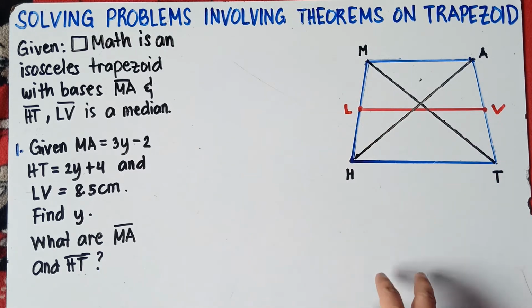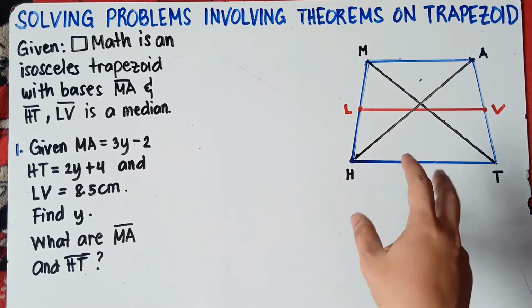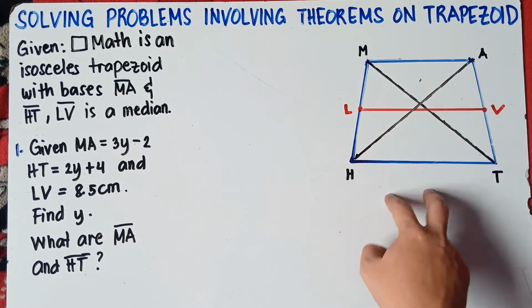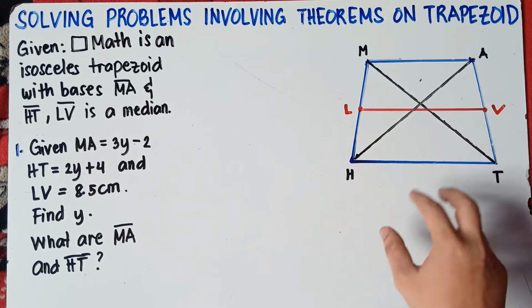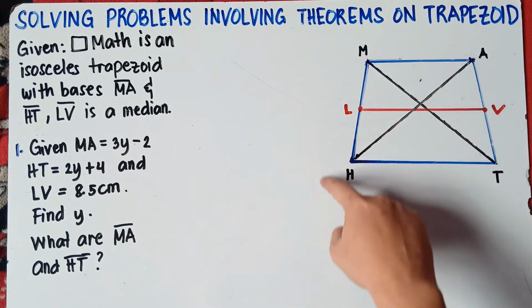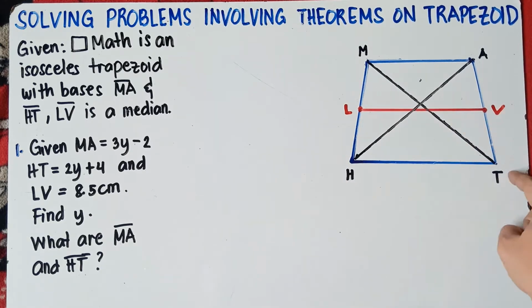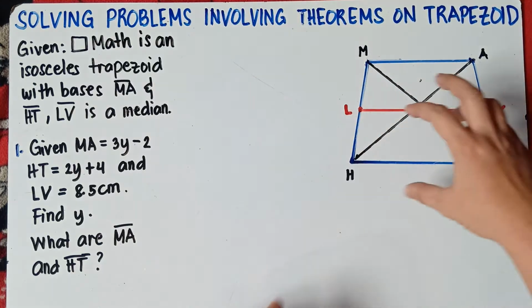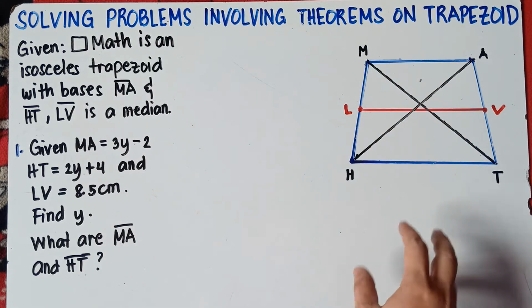Question, sir, when do we know that this trapezoid is an isosceles trapezoid? We will know, class, that this trapezoid is an isosceles trapezoid if the legs are congruent. What are those legs, sir? Line segment MH and line segment AT, these are the legs. If these legs are congruent, therefore this trapezoid is an isosceles trapezoid.